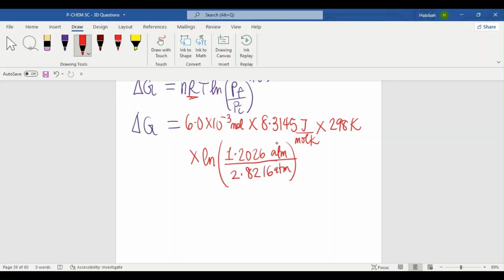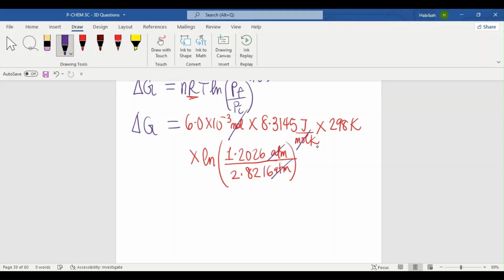I know some of you may be wondering, why didn't we convert from atmosphere to kilopascal? Well, because we're going to be canceling out the atmospheres anyway. It's not like we're multiplying pressure by another totally different value. We're just dividing between two pressures, so we can leave it at whatever units we want. So we've canceled out the atmosphere.